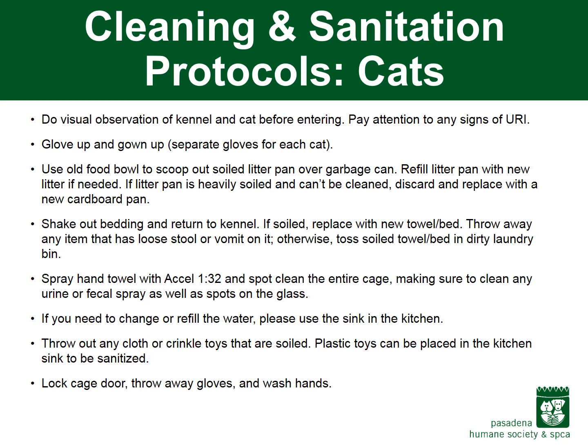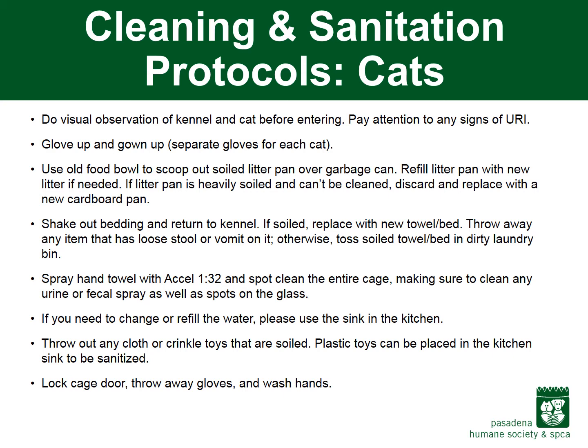Spray a hand towel with the Excel at a 1 to 32 dilution and spot clean the entire cage, making sure to clean any urine or fecal matter as well as spots on the glass. It's also very important to get the front of the kennel, which can be really hard to clean, but it's a really important area that we need to get clean as well.